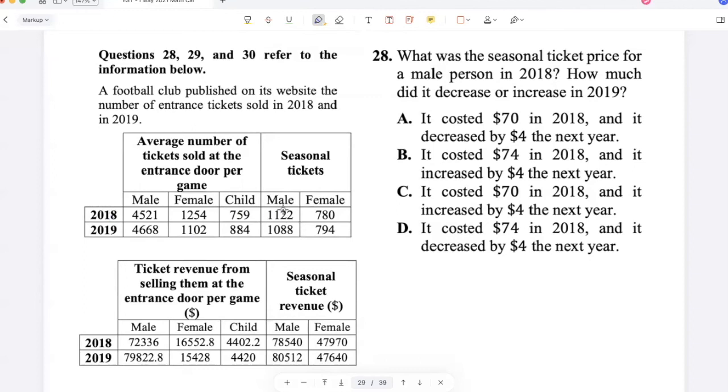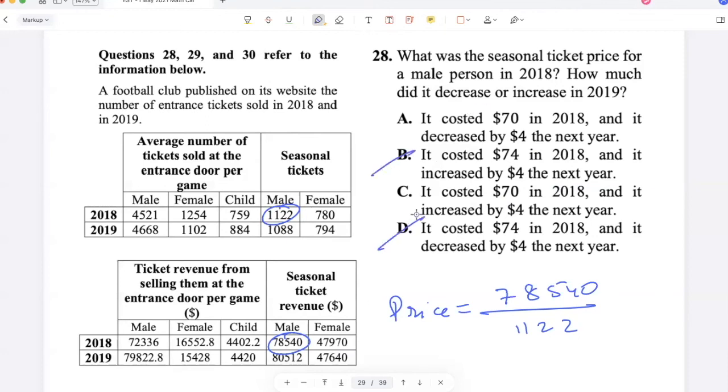Okay, so they sold 1122 and the revenue was this. So the price would be 78540 divided by 1122. So that's 70. So it was 70 in 2018.